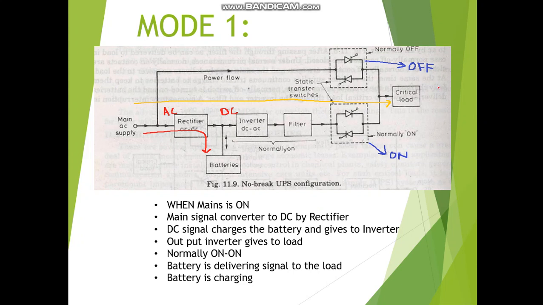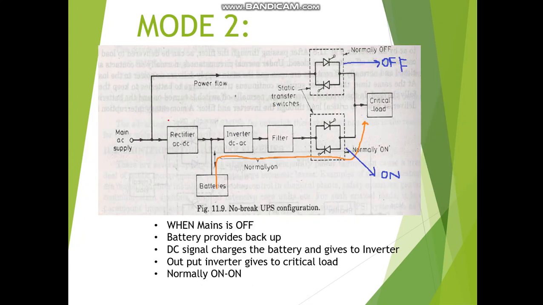In this duration, the normally off switch is in the off condition, and at the same time the batteries get charged. In the second mode of operation, when the main fails, the battery feeds the supply to the critical load. In this duration, the main is off, the normally off switch is in the off condition, and the normally on switch is in the on condition.